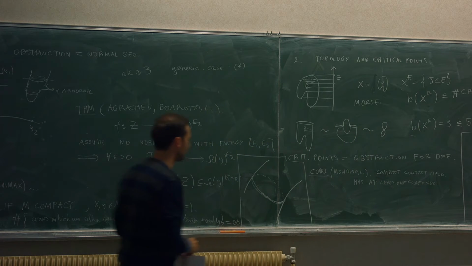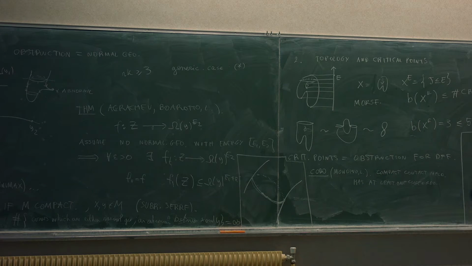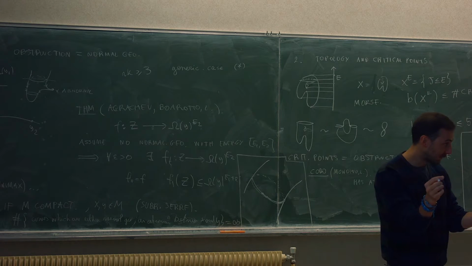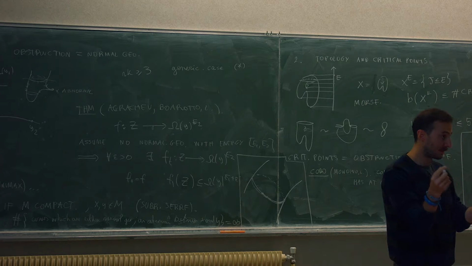And the idea again is to use information that you have on the loop space coming from this type of reasoning, except that now you have to be a bit careful with the Palais-Smale condition, because the loop space on a contact manifold is not a smooth space. If you take two distinct points on a contact manifold and ask for horizontal curves joining them, this is a smooth Hilbert manifold.